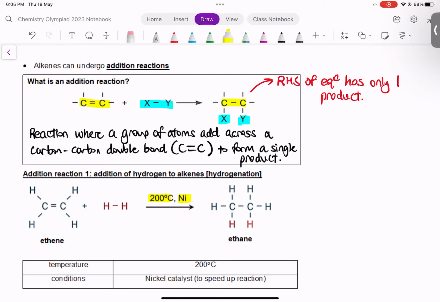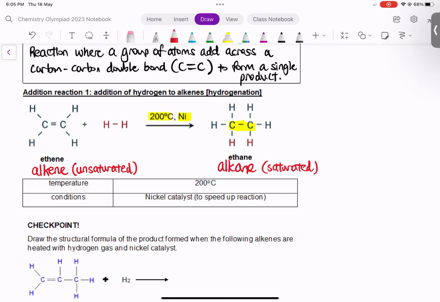Now, alkenes are unsaturated. Alkanes are saturated. So this is a good way to convert an unsaturated substance into a saturated one by adding hydrogen. This is called hydrogenation, and the conditions are 200 degrees Celsius and a nickel catalyst.